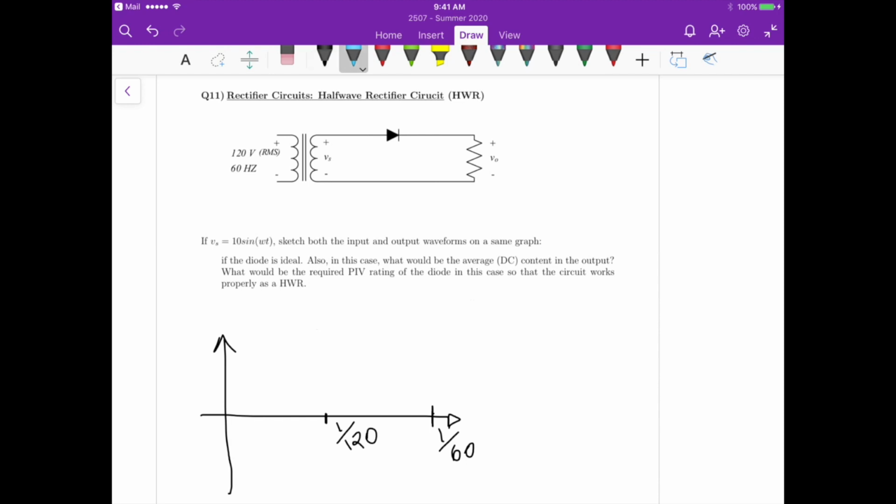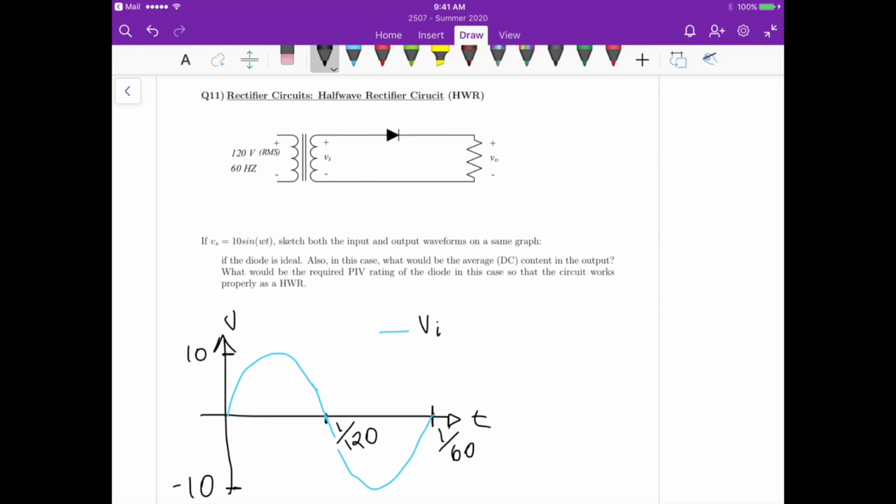So the input voltage would be something like a sinusoid that goes down here, up there. That's our sinusoid, and this would be 10 volts. This is voltage, this is time, and this would be minus 10 volts. So this is the input voltage.